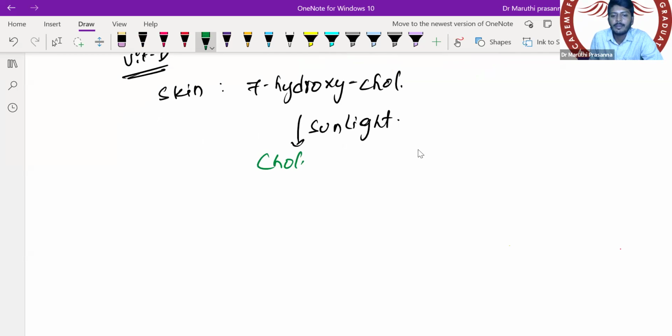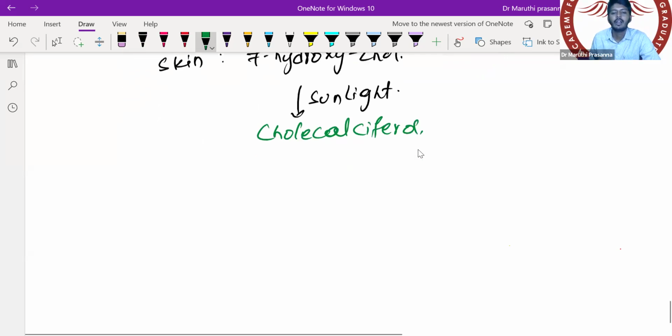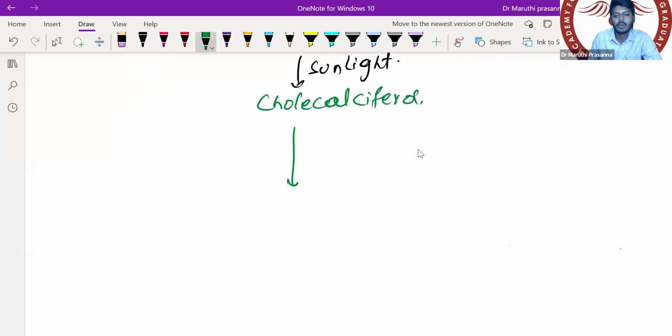That is called cholecalciferol. So cholecalciferol undergoes hydroxylation, addition of an OH group, in the liver. Once it undergoes hydroxylation in the liver, it will give rise to hydroxycholecalciferol.